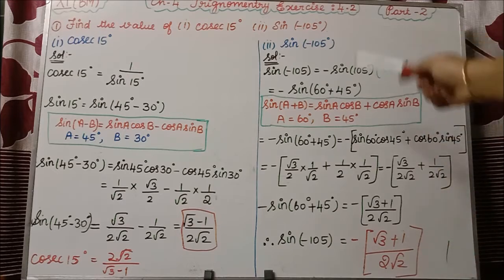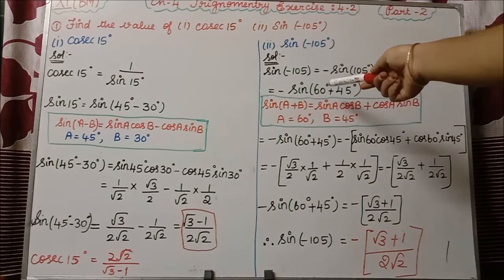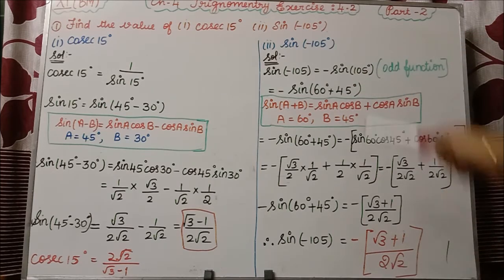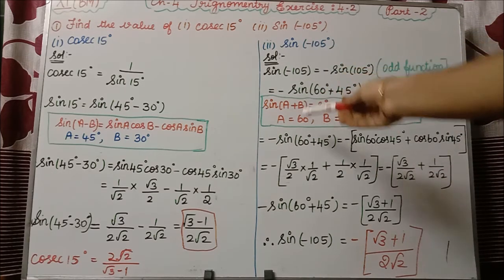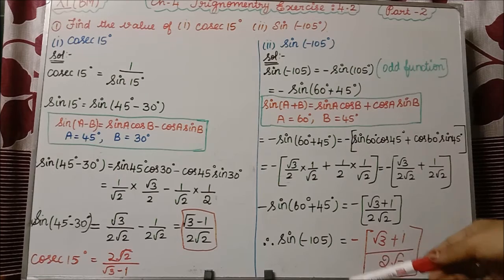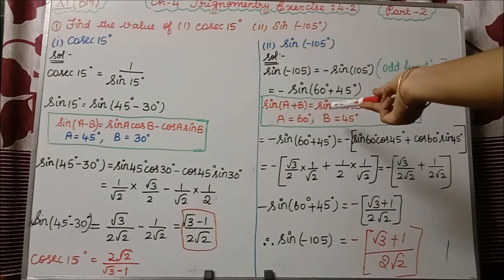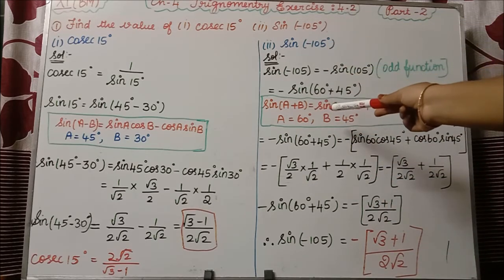Then in the next step, that sine 105 degree, how I am converting means I am converting into 60 degree plus 45 degree. If I add, I will get 105 degree. Now the question itself we have given sine, so we can directly apply the formula. What formula we are using? There we have used sine A minus B. Here we are using sine A plus B. Sine A plus B is equal to what formula?